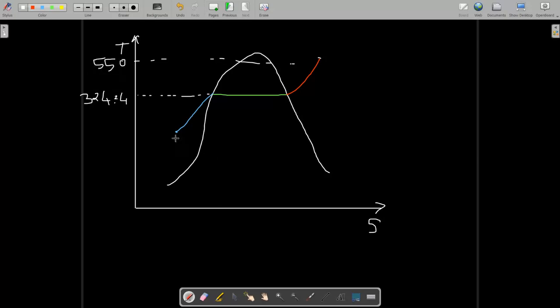Now we will mark all the points as 1, 2, 3, 4, and show the arrow so that we can easily understand in which direction the process is going. Now you can see 2 to 3 is the evaporation phase, where the temperature also remains constant at 324.24 degrees Celsius.